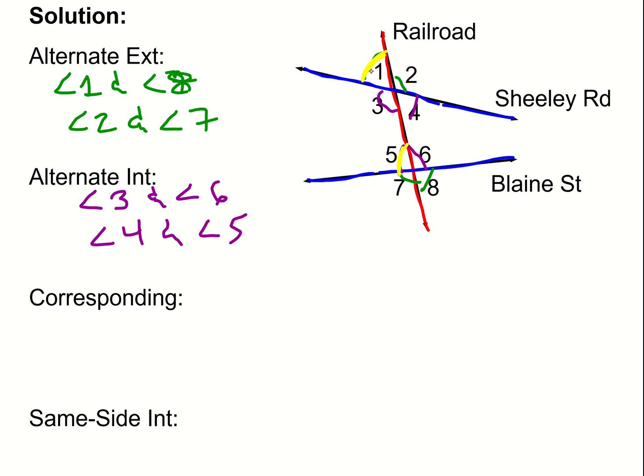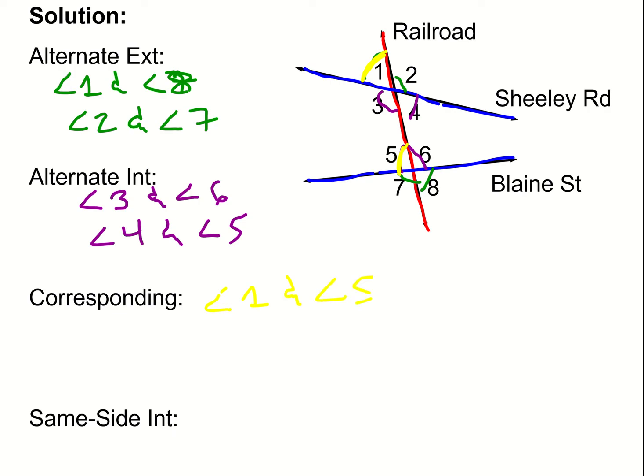You can see they have the same kind of position. They're both above their respective lines, like above the pieces of bread, the blue lines here. And they're also both to the left of the transversal. And so therefore they have the same kind of position. And so we call those corresponding. So that would be angle 1 and angle 5.